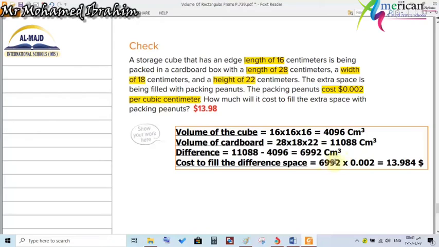So if we multiply the number of cubic centimeters times the price for each one, you will get the total cost. Okay, so after we found the difference, multiply it by 0.02, here is your answer, 13.984 out of $1,000.